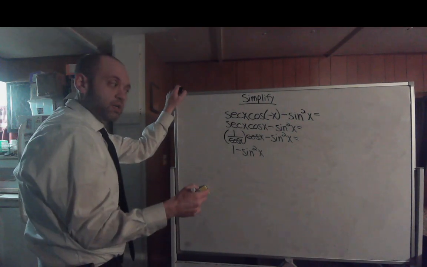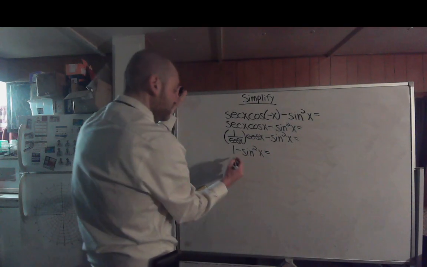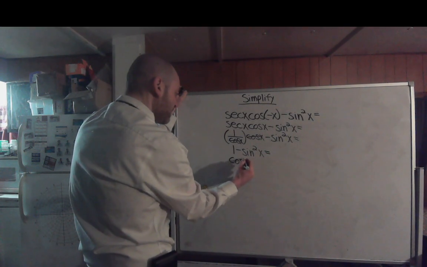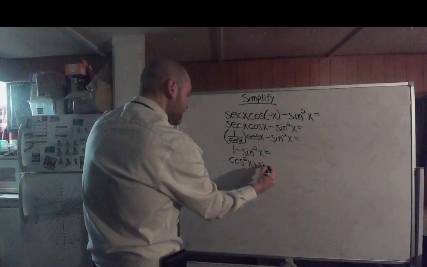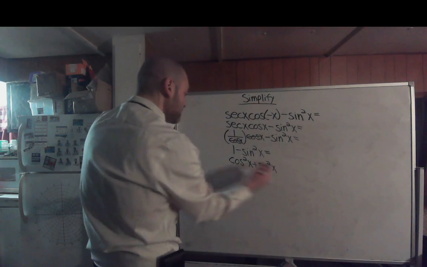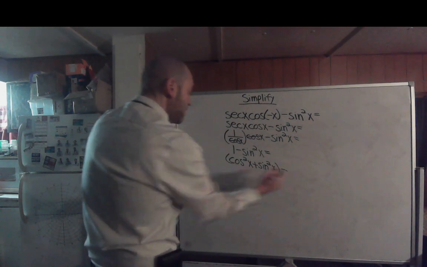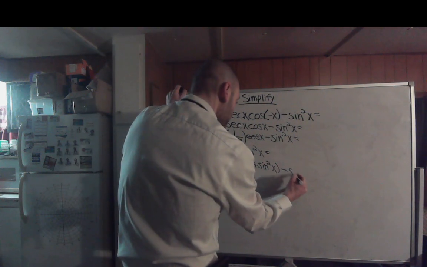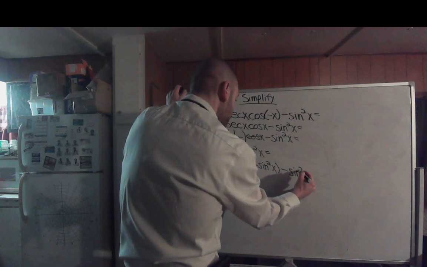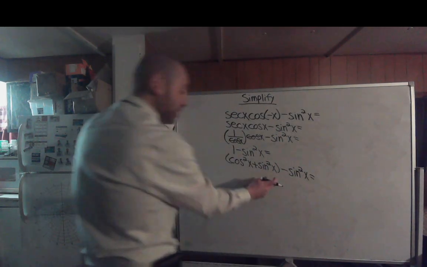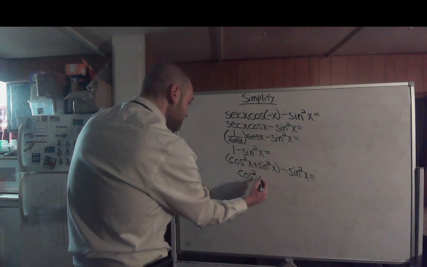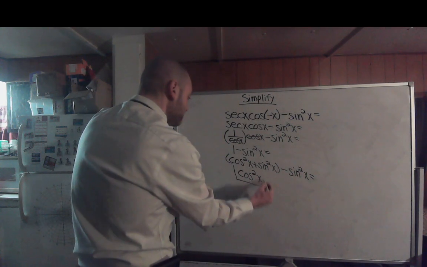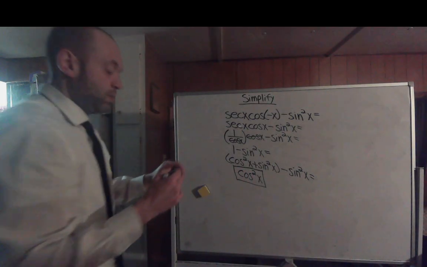What's 1? 1 is literally the cosine squared of x plus the sine squared of x. That's 1, right? All that minus the sine squared of x. And what are you left with? Just the cosine squared of x. So this would all just simplify into the cosine squared of x.